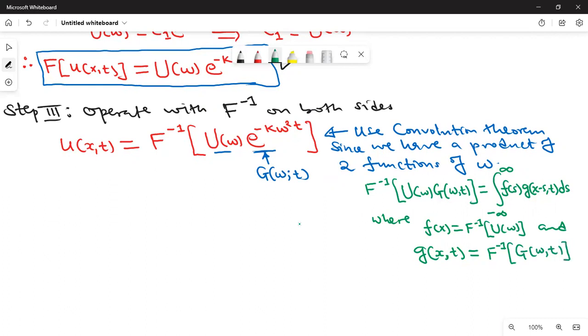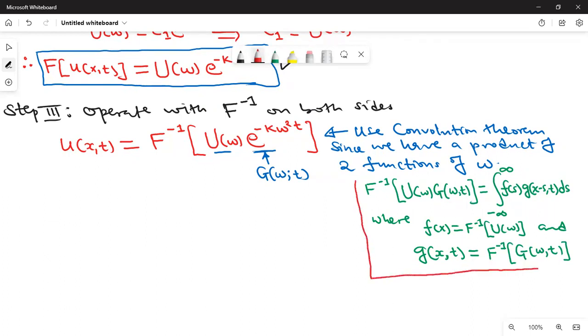So if you know f and g, the small ones, then it is easy to get the inverse of a product of two functions of omega. This is called the convolution theorem. So this is a special theorem that you're going to use.